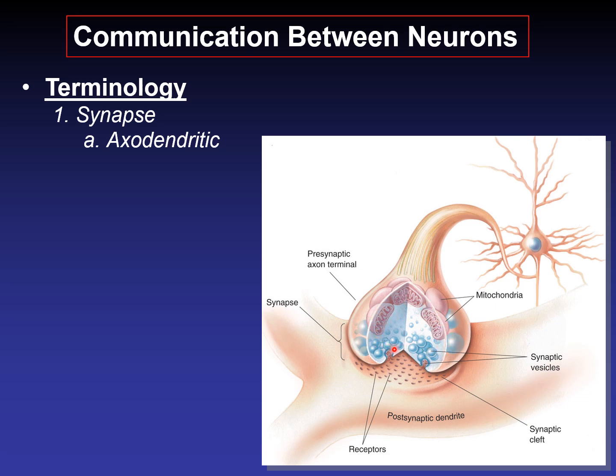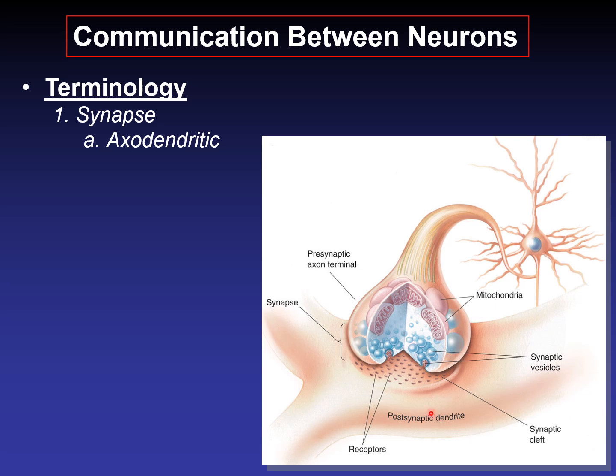And what's going to happen, of course, is that when the action potential arrives, the terminal button is going to release neurotransmitter. That neurotransmitter will diffuse across the synaptic cleft. It will bind to receptors in the dendrites of the postsynaptic cell and create either excitation or inhibition.